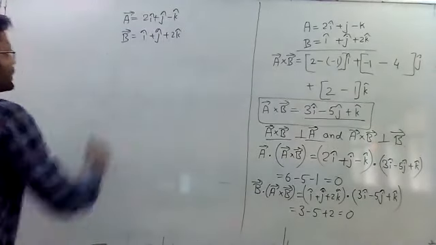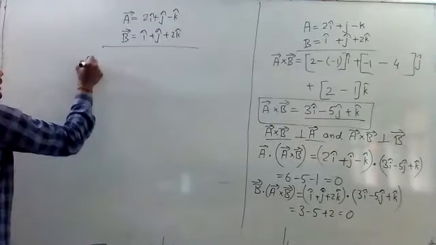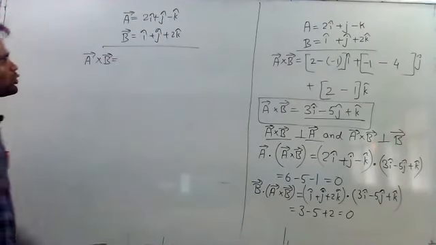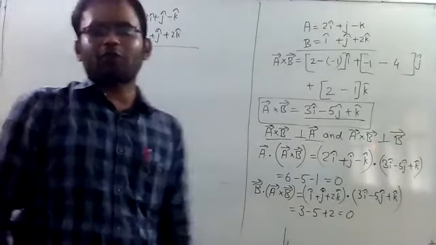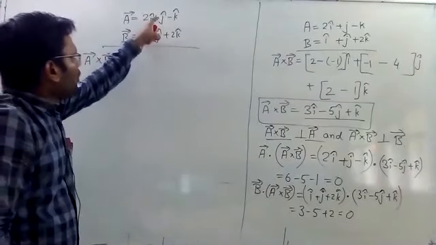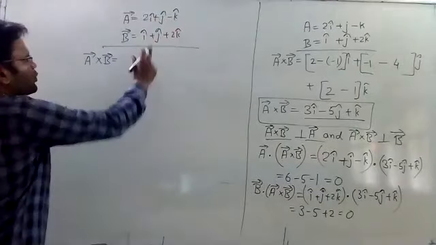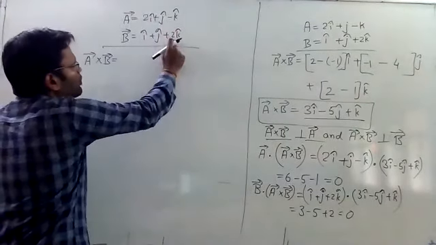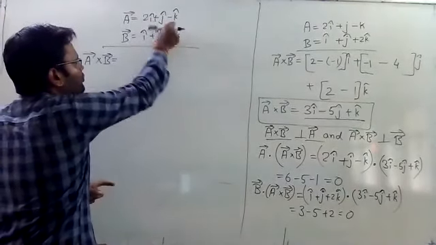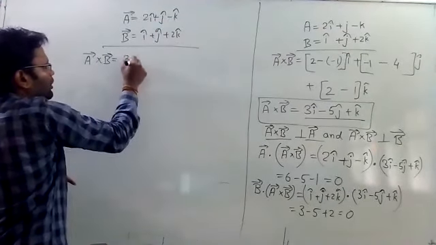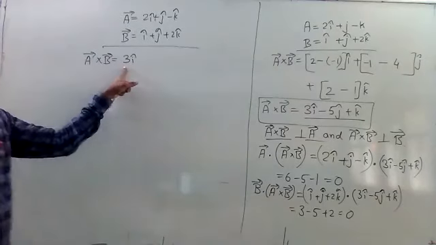If you want to get A cross B directly, I should start from the i coefficient: 1 into 2 is 2, minus of minus 1 means it becomes plus. So 2 plus 1, 3 i cap, I can directly write it.